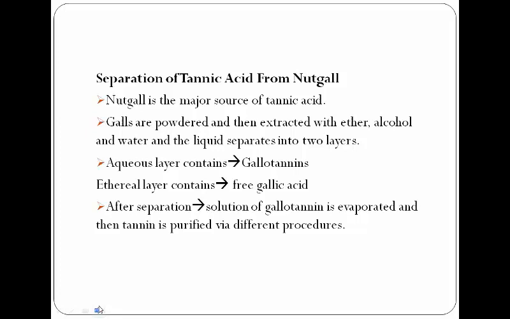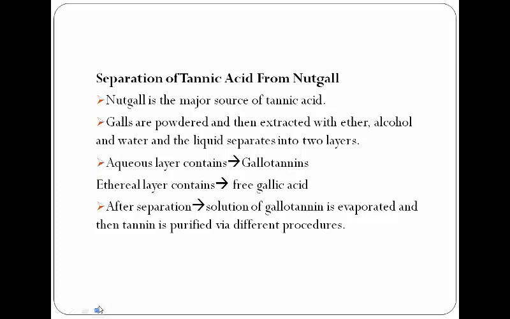How can we separate tannic acid from nutgall, which is the major source of tannic acid? Galls are first powdered and then extracted with ether, alcohol, and water, and the liquid separates into two layers. The aqueous layer contains gallotannins, whereas the ethereal layer contains free gallic acid.